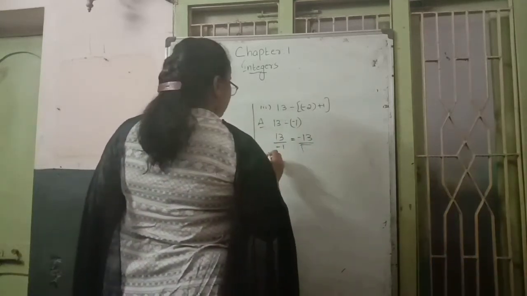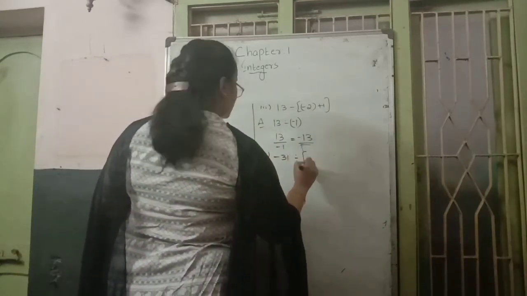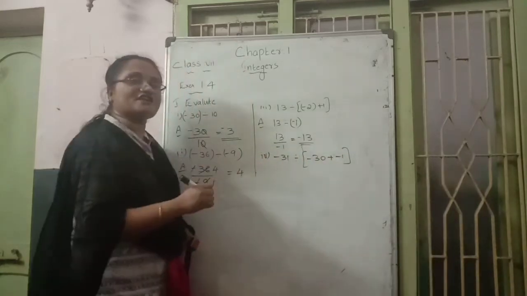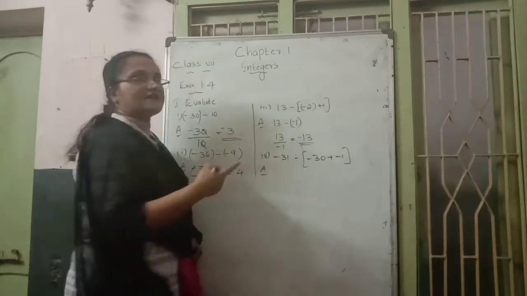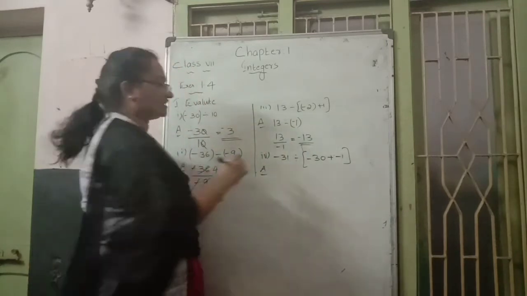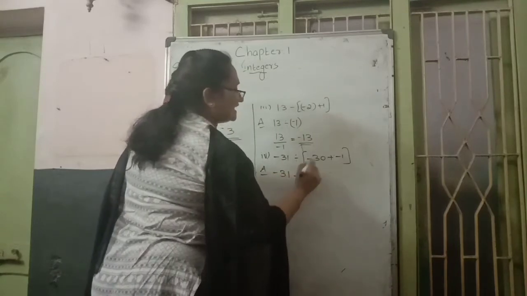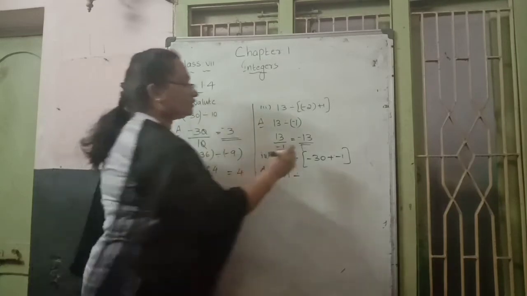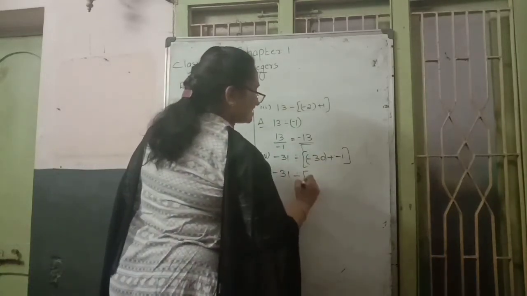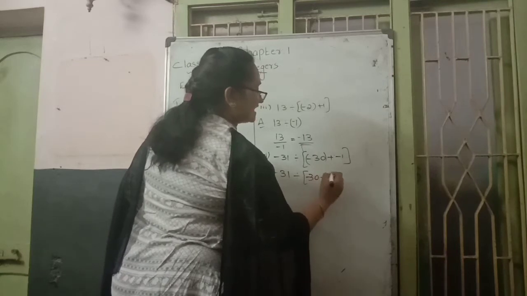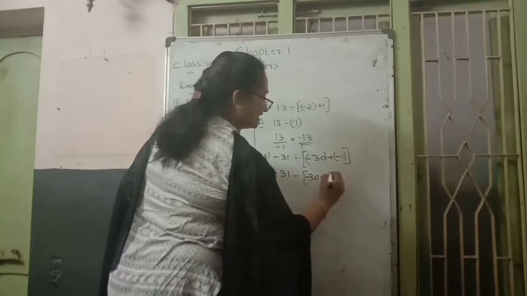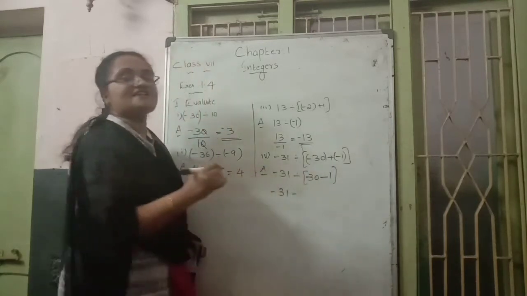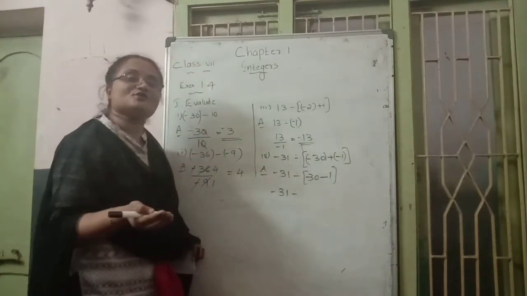Next, the fourth question: minus 31 divided by the bracket of minus 30 plus minus 1. Here also we give preference to the inside bracket calculation. Both are negative numbers, the same sign, so we add and put a minus sign, giving minus 31.